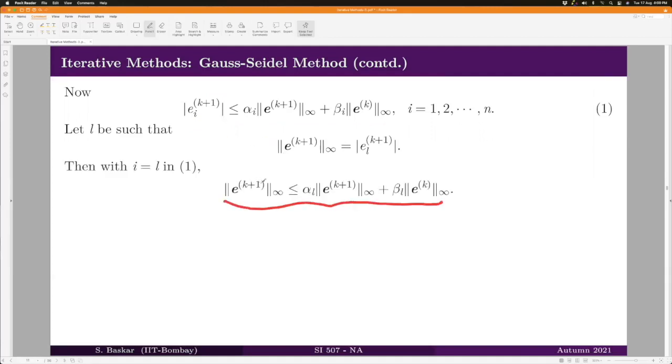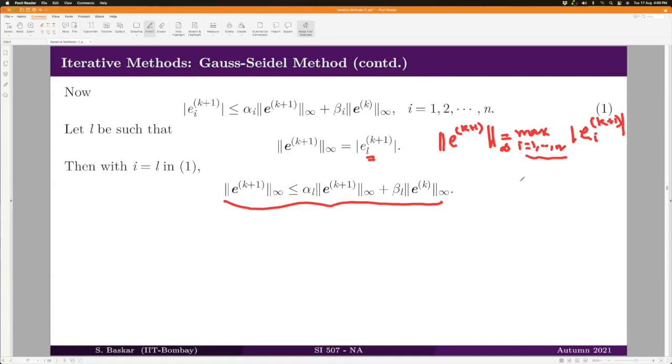Therefore, we can write this by this as well, and that leads to this inequality. Norm e^(k+1) is less than or equal to alpha. What is L? L is that component for which you get the maximum. That is, the infinity norm of e^(k+1) is by definition the maximum over I equal to 1 to n of mod e_i^(k+1), right? So maximum is achieved at some I ranging from 1 to n.